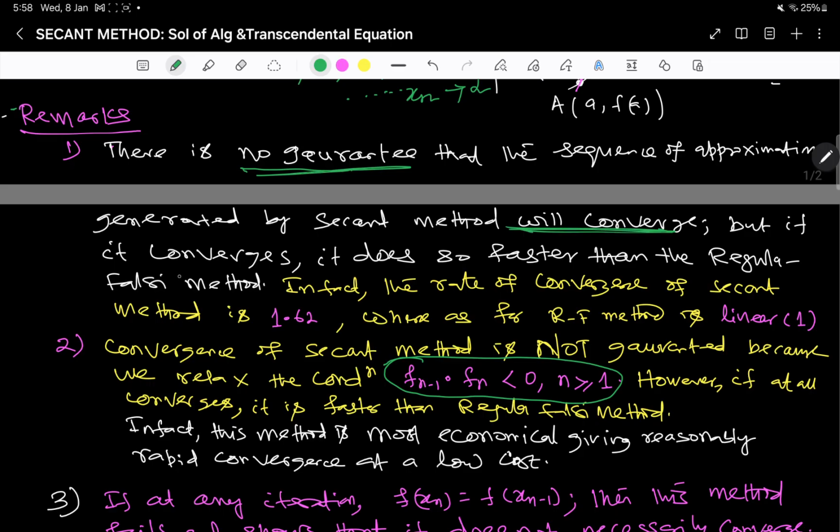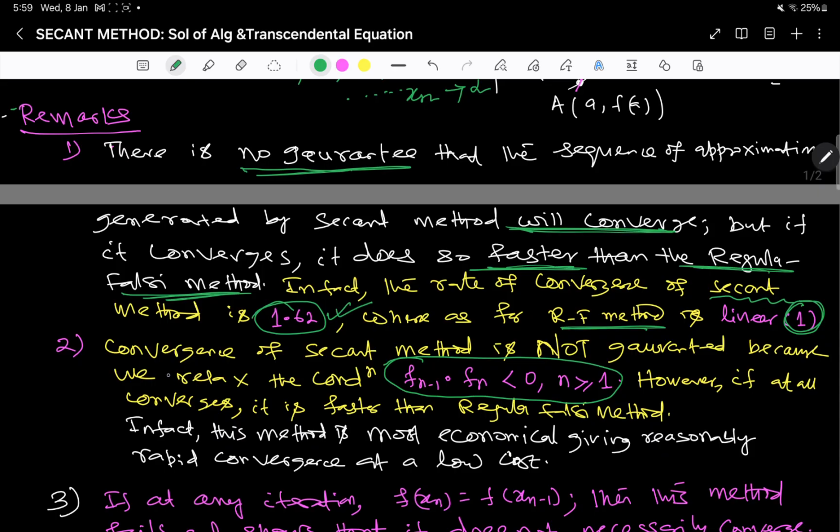But if at all it converges, then it is faster than the regular falsi method. In fact, the rate of convergence of the secant method is 1.62, whereas the rate of convergence of the regular falsi method is only 1. That's why it is faster.